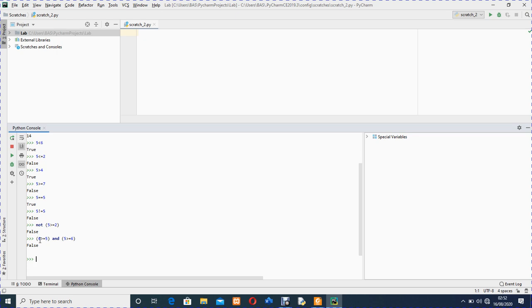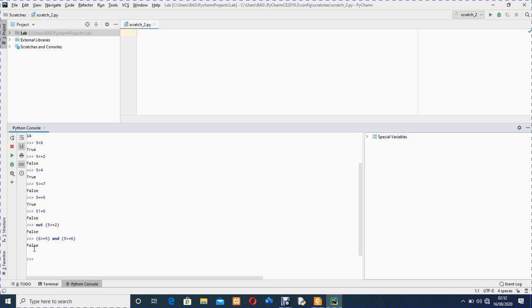with and, if one of the conditions is not satisfied, the result will be false. Both conditions must be satisfied before it would execute true. The first condition is satisfied while the second condition is not satisfied.